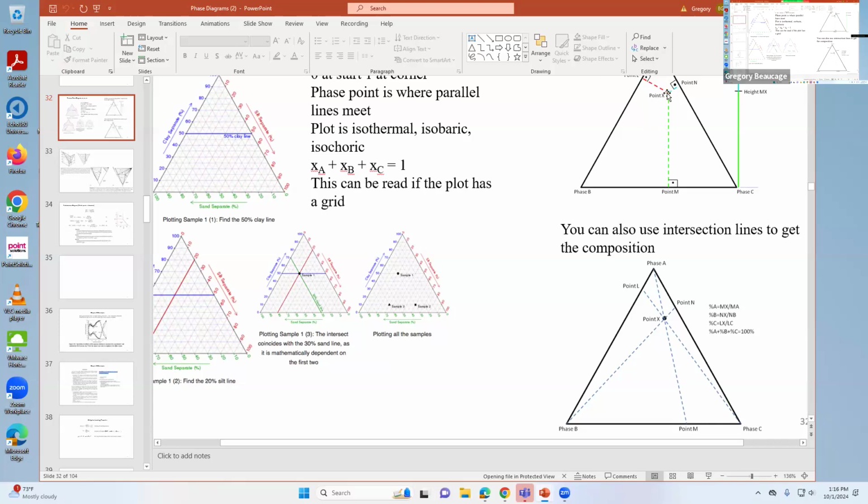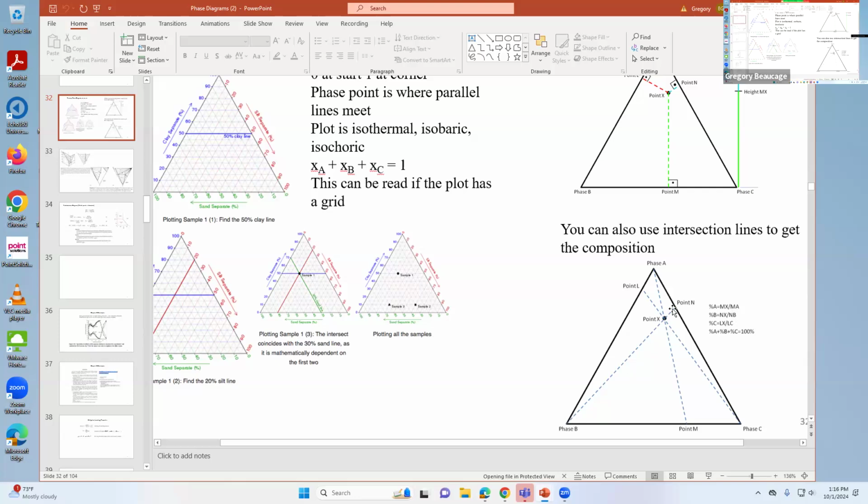So you have a point. What does that mean? Anyway, you go from B to X. So you go from your corner through the point out to the other side, and you get point N. So if you go like NX, so you're going from B, NX over NB gives you the amount of B in it, percent B. So if it's pure B, it's at that point.